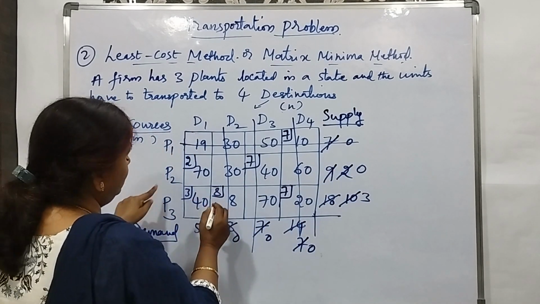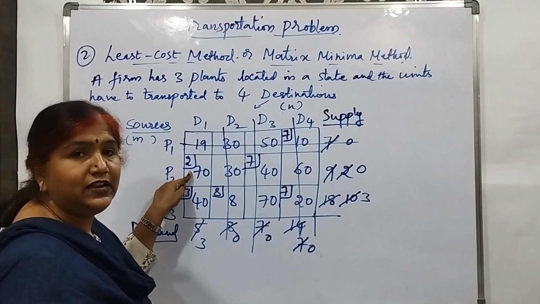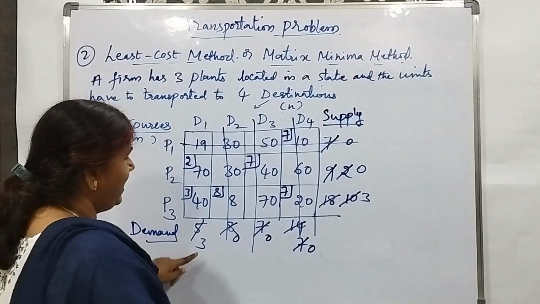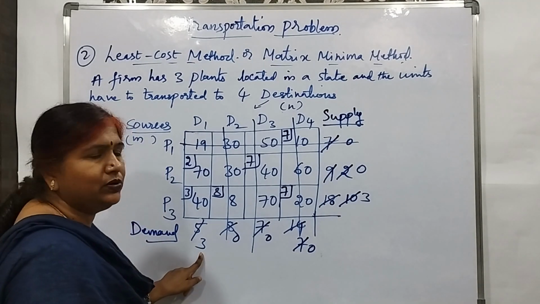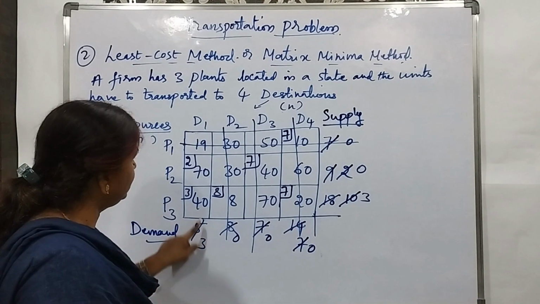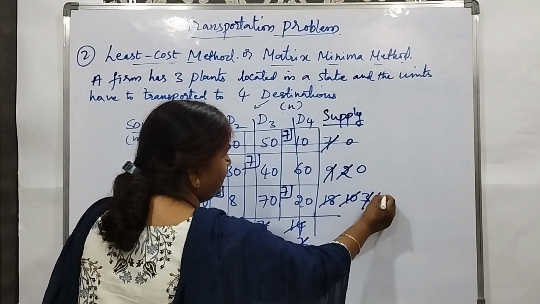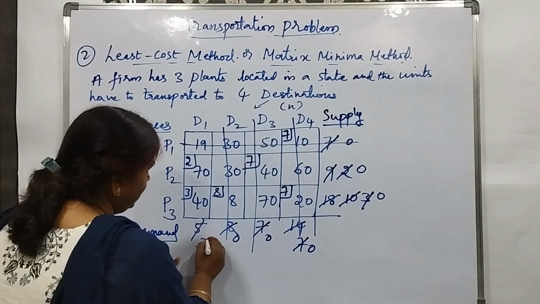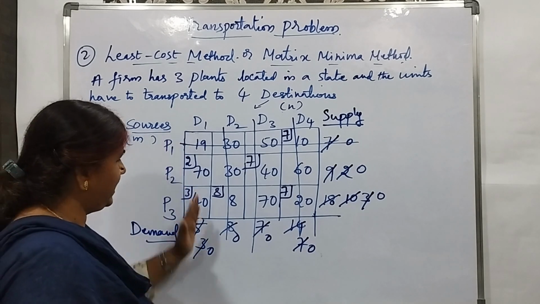Out of 5, still 3 units of demand are left over, which have to be transported to D1, and 3 units are still available with plant 3. Now pick out these 3 units from plant 3 and transport to destination 1. Here this demand also has been exhausted.